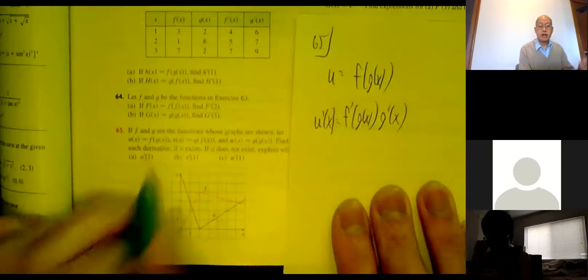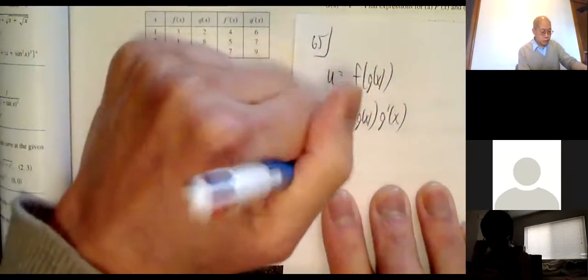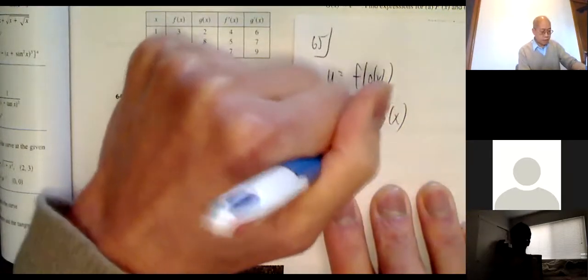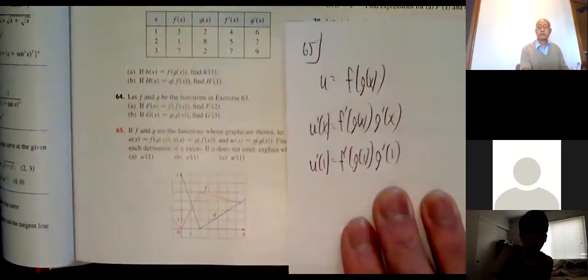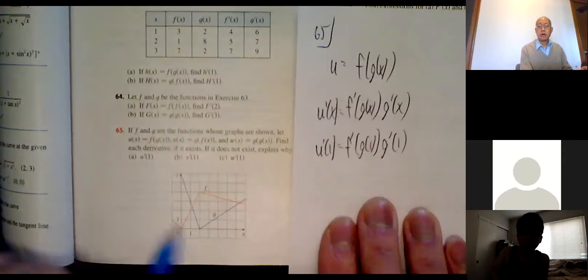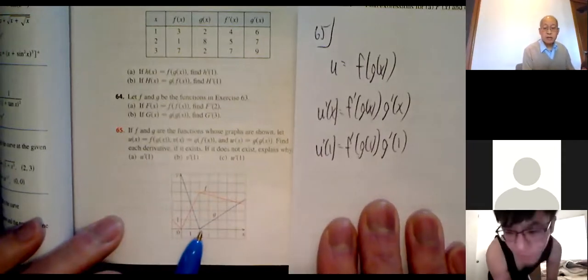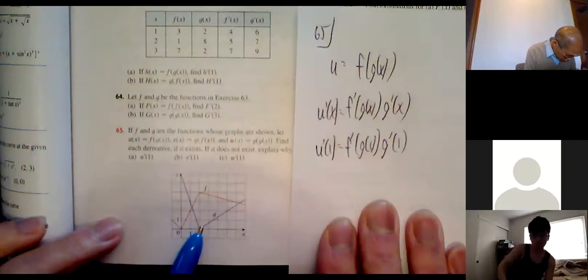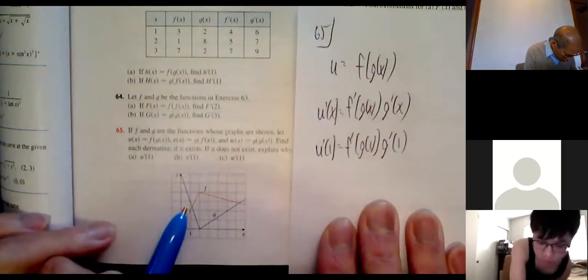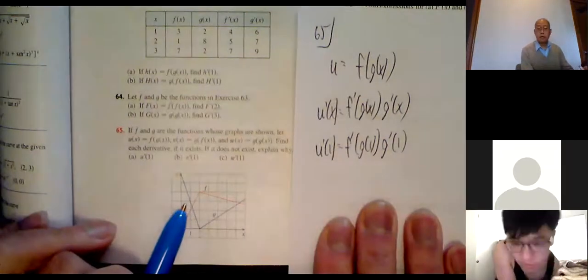Now for part A, they want u prime of 1, so I plug in 1. U prime of 1 is f prime of g of 1 times g prime of 1. All right, so first I look at g of 1. G is the blue function. Blue function, x equals 1, y is 3. So this thing is 3.